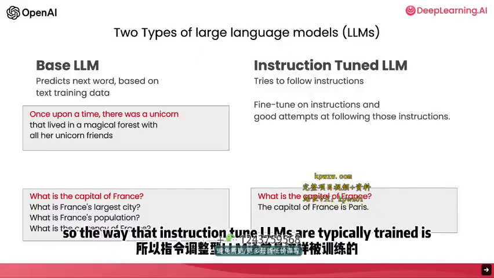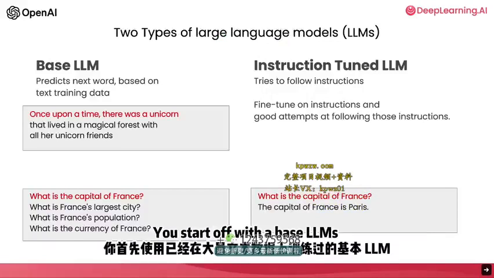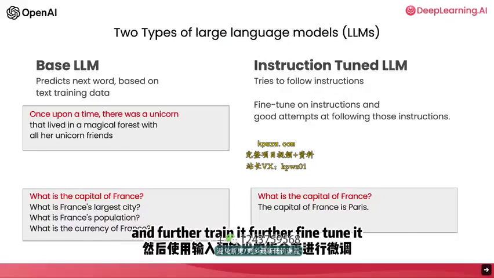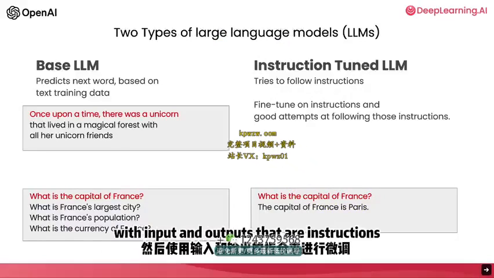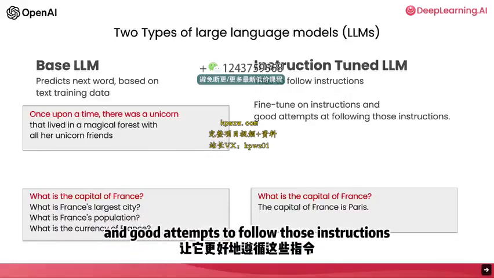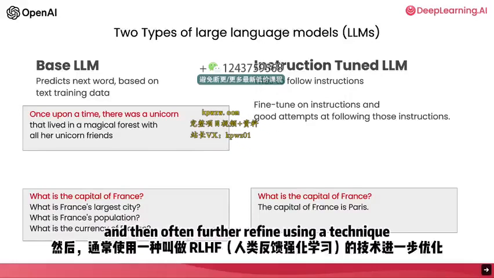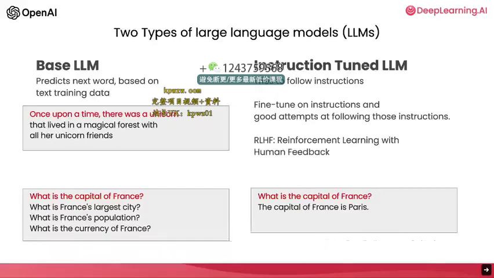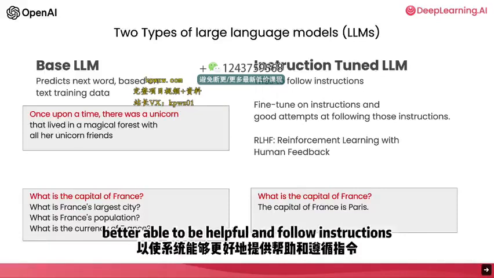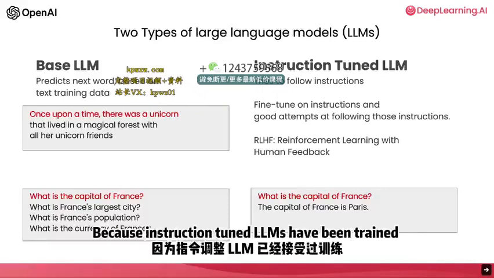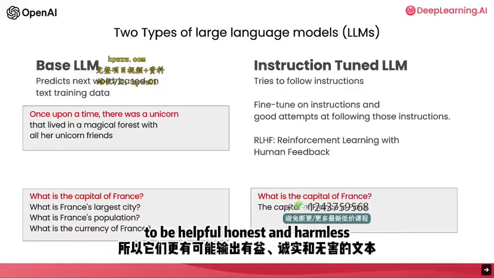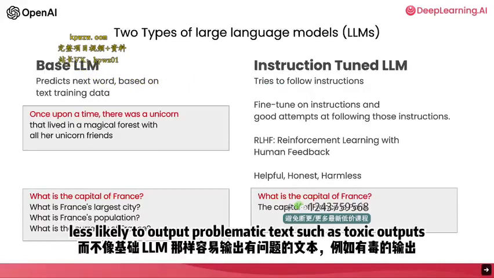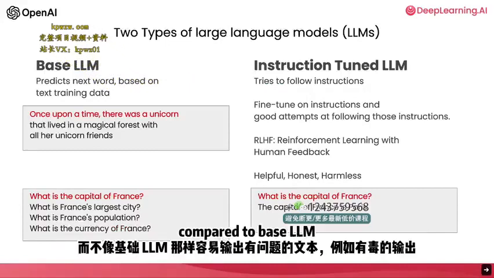So the way that instruction-tuned LLMs are typically trained is you start off with a base LLM that's been trained on a huge amount of text data and further train it, further fine-tune it with inputs and outputs that are instructions and good attempts to follow those instructions, and then often further refine using a technique called RLHF, reinforcement learning from human feedback, to make the system better able to be helpful and follow instructions. Because instruction-tuned LLMs have been trained to be helpful, honest, and harmless, for example, they're less likely to output problematic text, such as toxic outputs, compared to base LLM.